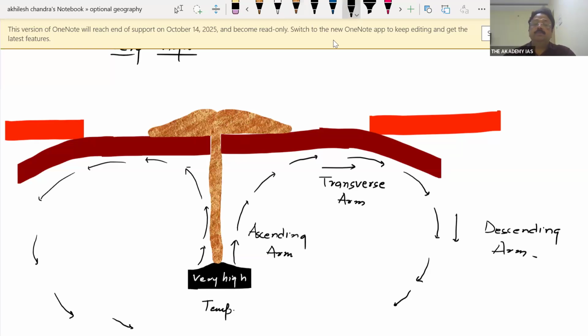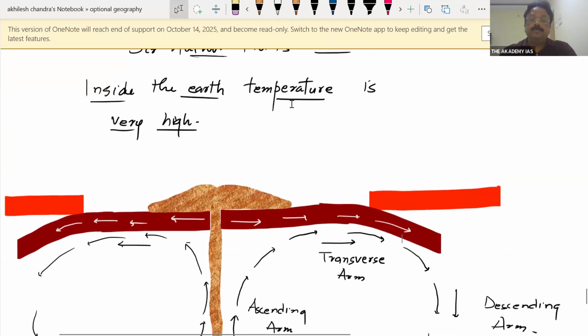And the continuous transverse arm is pushing the crust apart and causing the crustal movement. That's why this crust is moving like this under the influence of convectional current. So this is the figure of the convectional current theory.